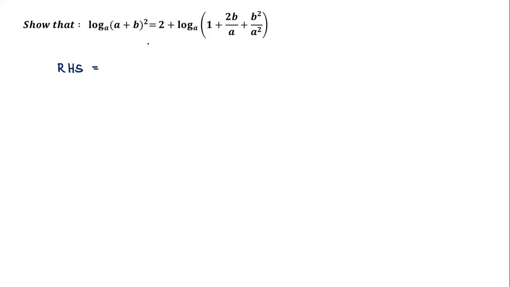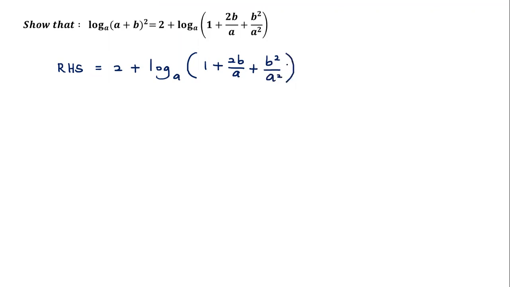So here we have 2 plus log a, bracket 1 plus 2b over a plus b square over a square.